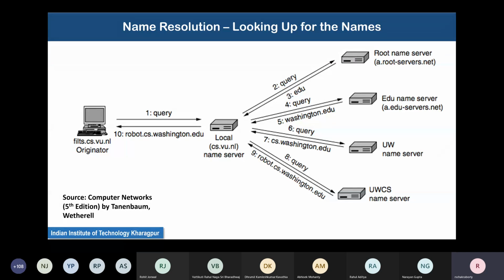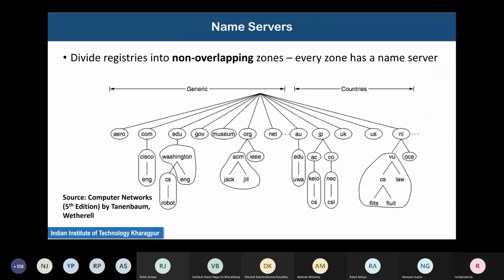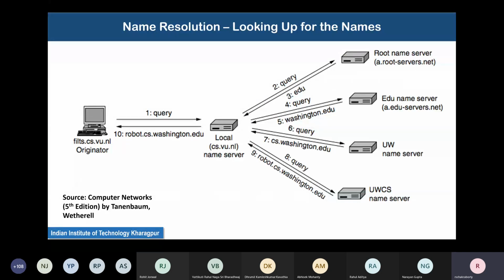However, they need not be updated that often, luckily, because if you look at this hierarchical tree structure, the first level domains, aero, com, edu, gov, museum, org, net, and then the country domains, these do not spring up very commonly. So these are not things where every day a new one will be invented. It is not like that. So luckily the root level name servers do not need to be modified that often, which is lucky. Otherwise, it would have been difficult.